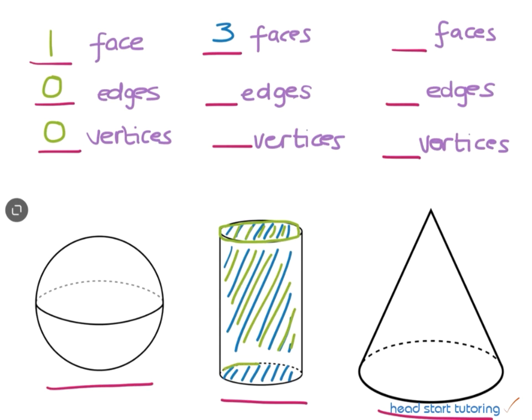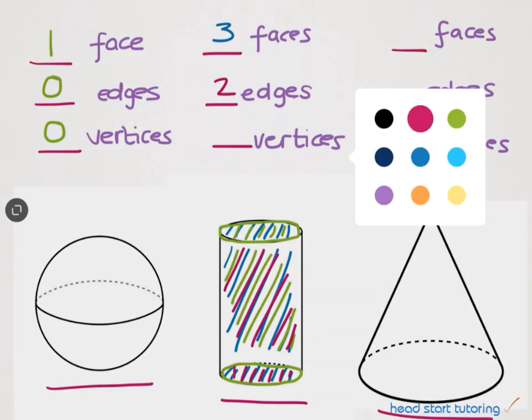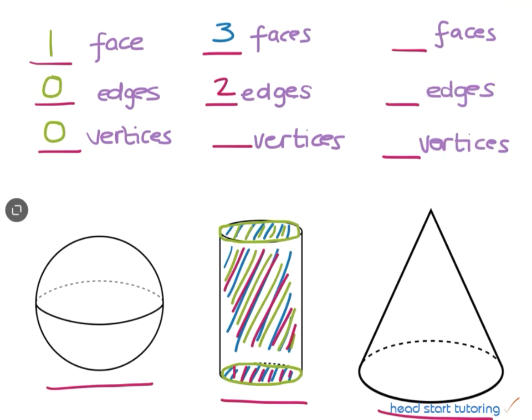And we have got another edge over there because that edge joins this face and this face together. So we have got 2 edges in our cylinder. Right, how many vertices do we have in our cylinder? We do not have any corners in our cylinder, so our answer is 0 vertices.